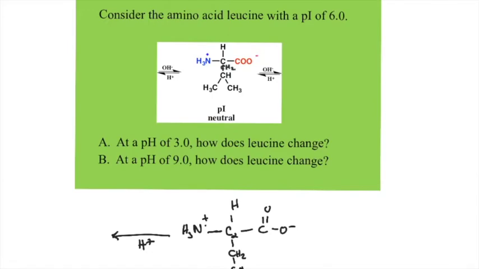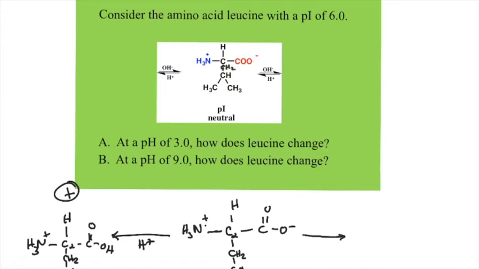Anything that can be protonated will be protonated, and so the nitrogen still stays protonated. This is our C alpha, this is H, this is CH2, CH, CH3, CH3, okay? There's nothing in the R group that can be ionized, but now this is my carboxylic acid group. And so the overall charge of the amino acid at low pH, around pH 3, is going to be positive.